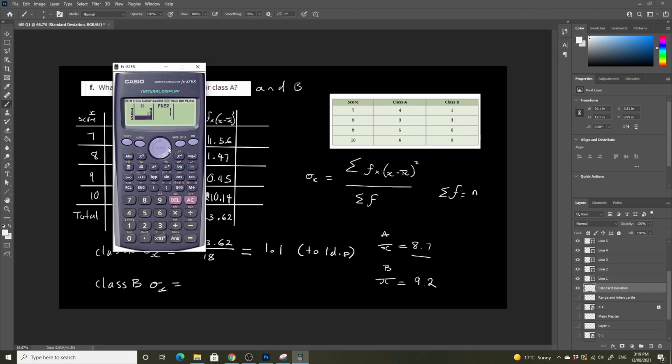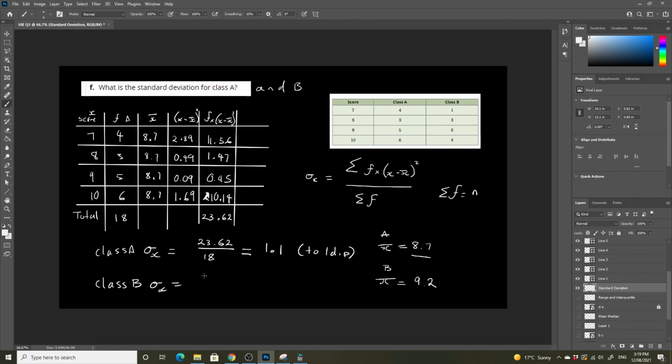And then we go over and we add in the frequencies. So 3, 6, and 8. And then we hit all clear, shift, stat, number 5 for variables, number 3, and that's our standard deviation for B is 0.89, which rounded up is going to be 0.9.